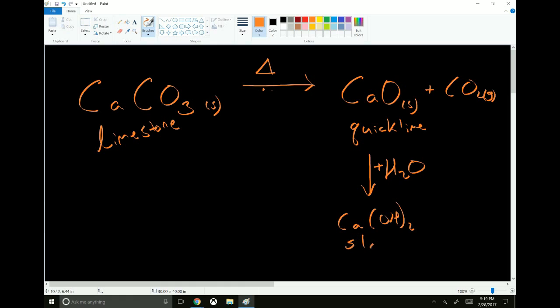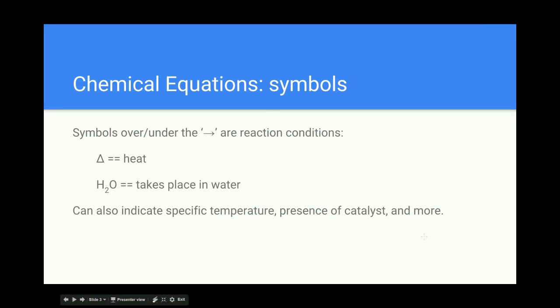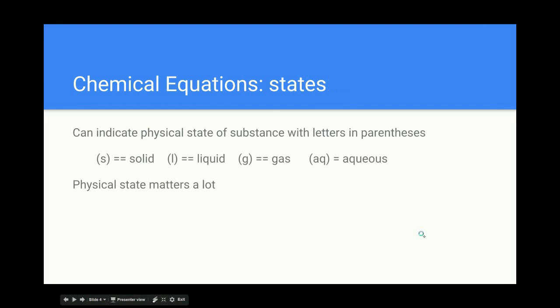This would be slaked lime, and this was one of the earliest versions of concrete. So you have lime, quicklime, slaked lime. All these different things are used as building materials, and we've just described a couple of quick chemical reactions involving those things. So reading these isn't all that difficult, but balancing them is something that's going to take a little bit more practice.